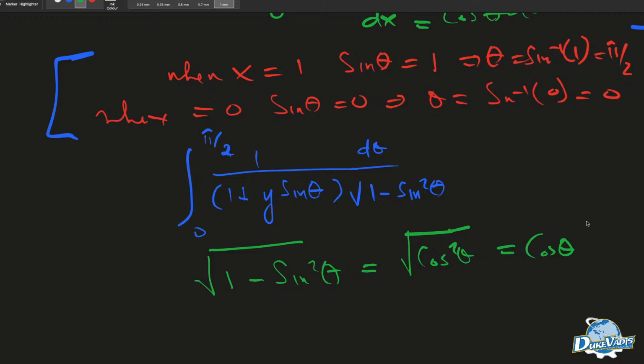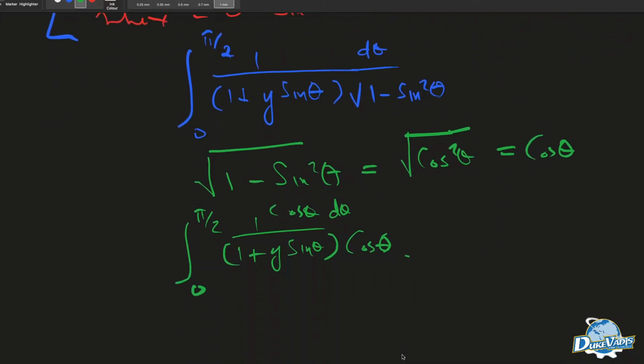So when we substitute everything back into the equation, we get the integral from 0 to pi on 2 of 1 over 1 plus y sine theta, times cos theta d theta, all over this cos theta.